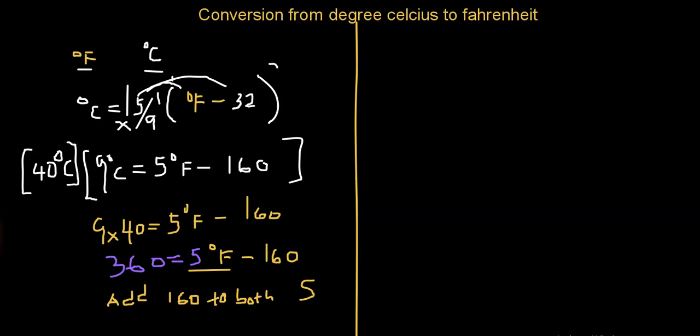So let's add it up. Let's do the addition. Let's add 160. I hope you are following me step by step. Let's add 160 to both sides of the equation, to the left hand side and to the right hand side.